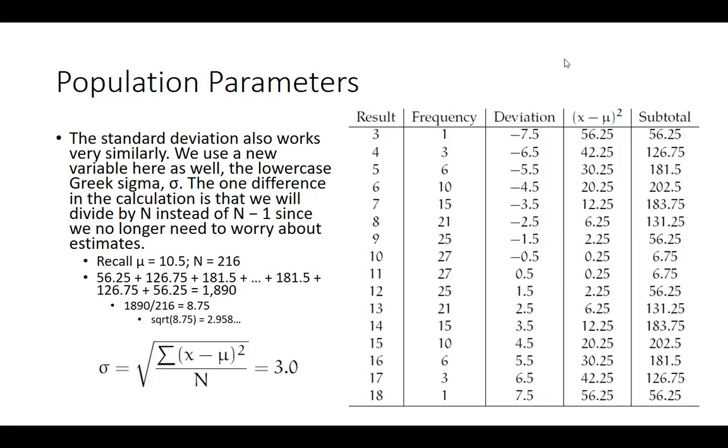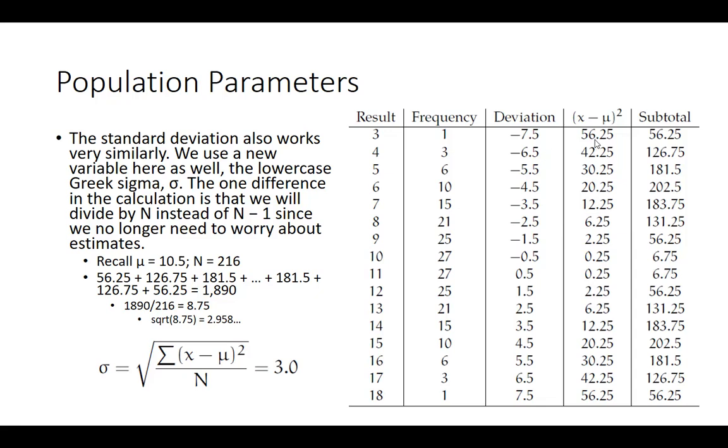Now we need the subtotals. This is just what we had for each individual result. So this is what we would have if we had, for instance, 1, 3, 1, 4, 1, 5, 1, 6, 1, 7. But we have 1, 3, 3 4s, 6 5s, 10 6s, 15 7s.